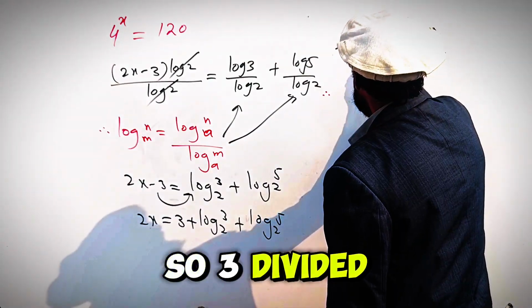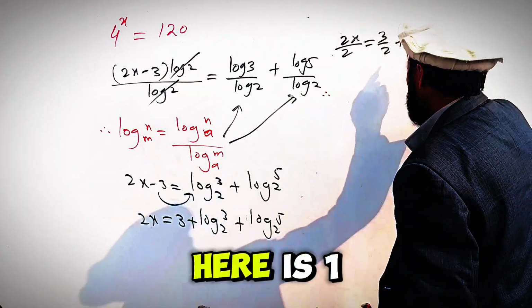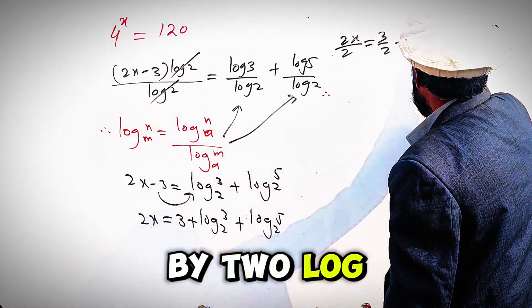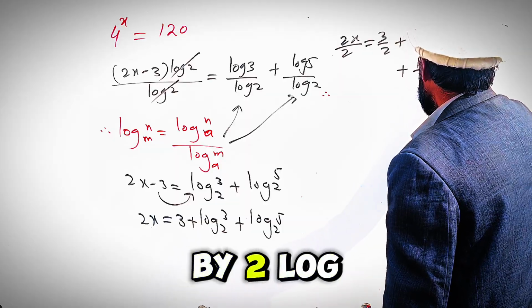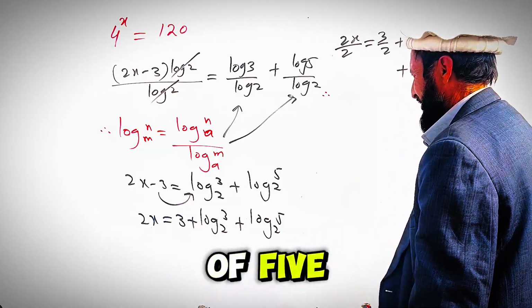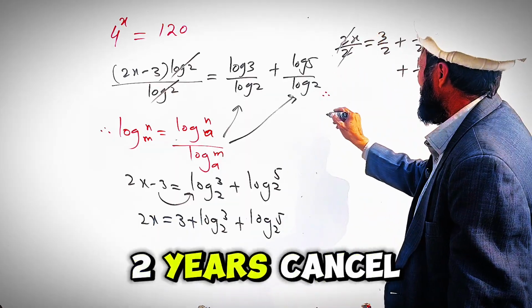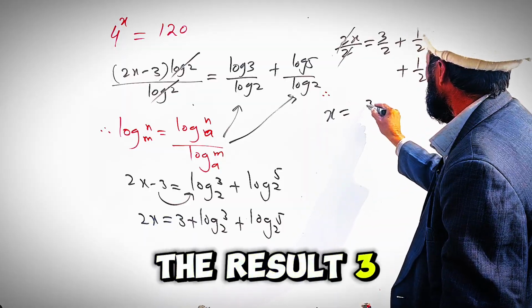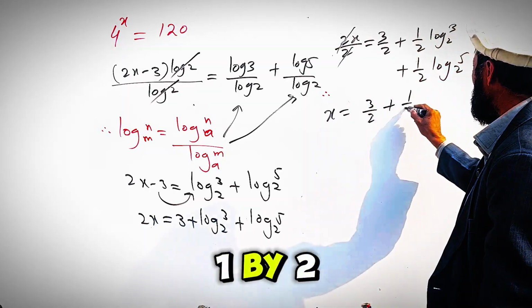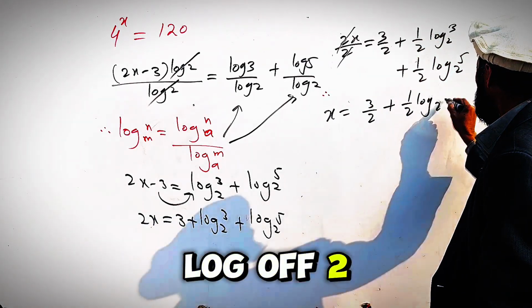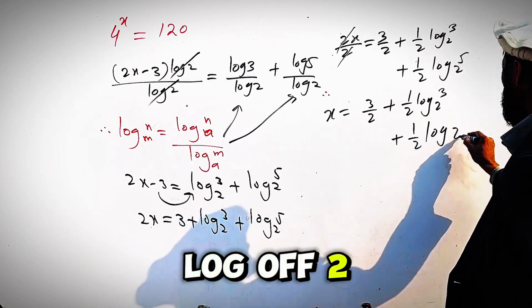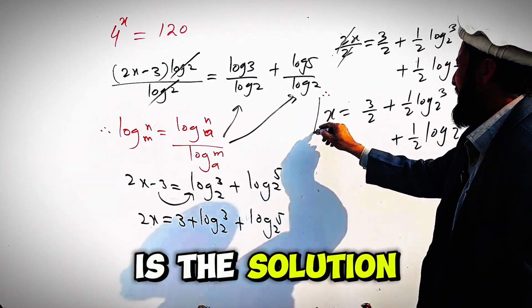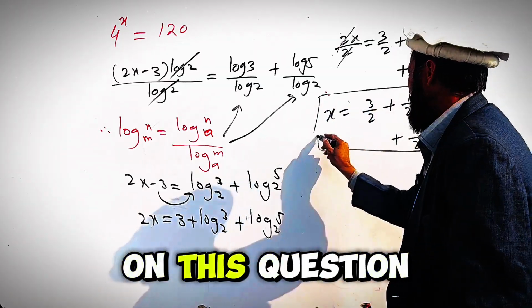So 3 divided by 2 plus 1 by 2 log of 2 exponent of 3 plus 1 by 2 log of 2 exponent of 5. Now this 2 is cancelled. We get the result 3 by 2 plus 1 by 2 log of 2 exponent of 3 plus 1 by 2 log of 2 exponent of 5 as the solution of this question.